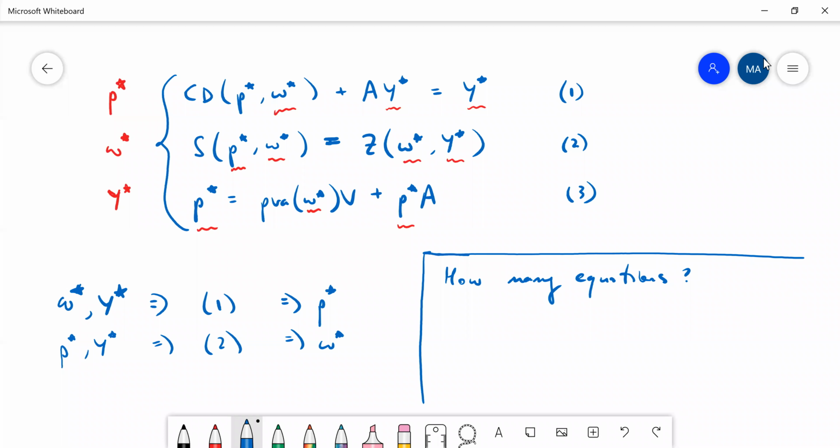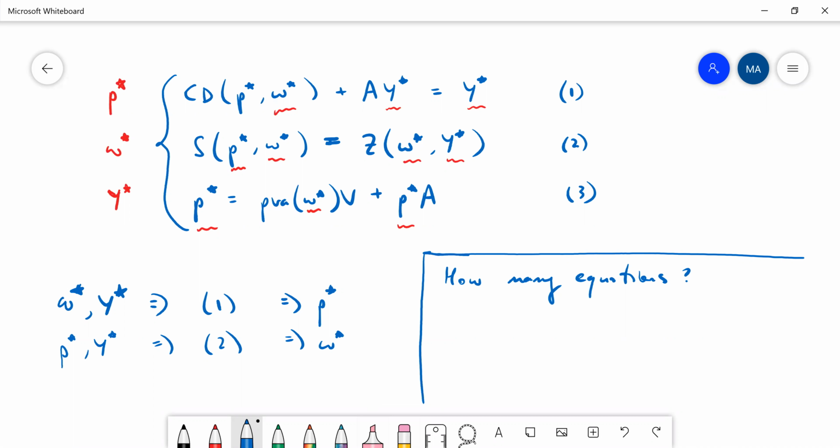So what's the size of Y star? No, Y star. So how many produced goods do you have in this economy? N. So you have N equations here, right?